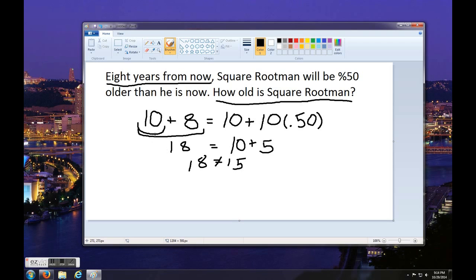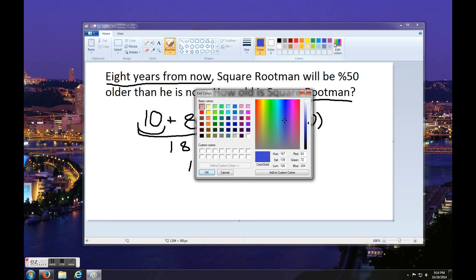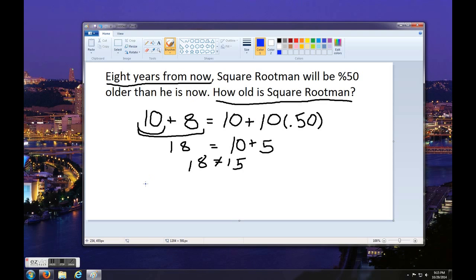So what I can do now, instead of using 10, is use a variable. Let me choose a different color here. Let's get this blue. And this time, I'm just going to use a variable. So x equals a for age, whatever you want to use. I'm going to use x for a variable here. So x plus 8 equals x, because x is still his age or guess.